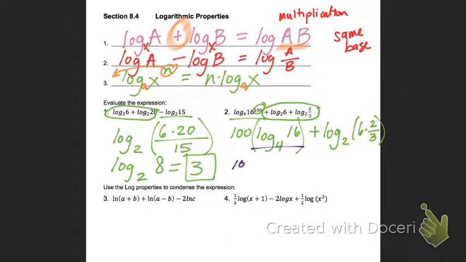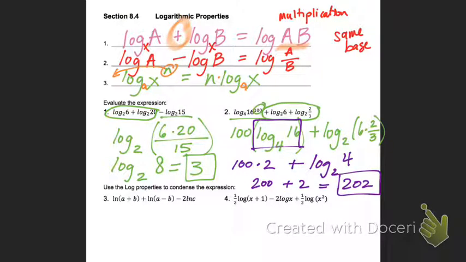So 100 times 2, which is 200, plus log base 2 of 6 times 2/3, which is 4. So then I've got 200 plus 2, which is 202. Wow. Nice. Oh my gosh. That wasn't bad.